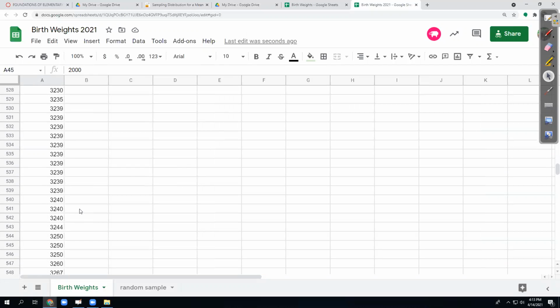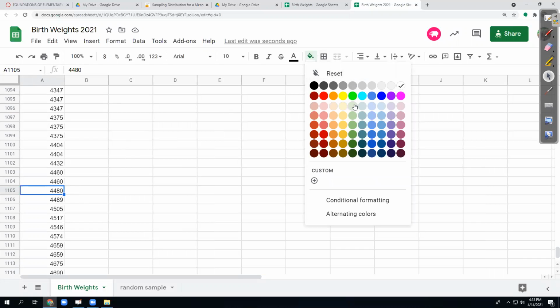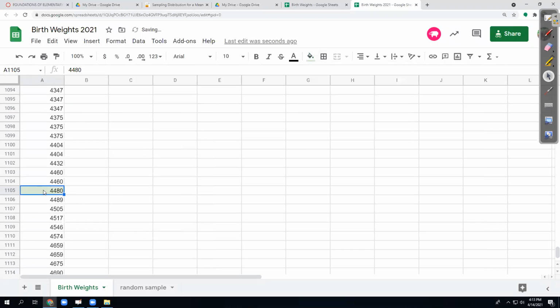There's over 1,000 birth weights here, so it's way down here. 4,489, 4,480. Okay, so that's the end of my counting right there. So let's make that one green also. Then I'm just going to highlight with my mouse that number down to the other one I marked.